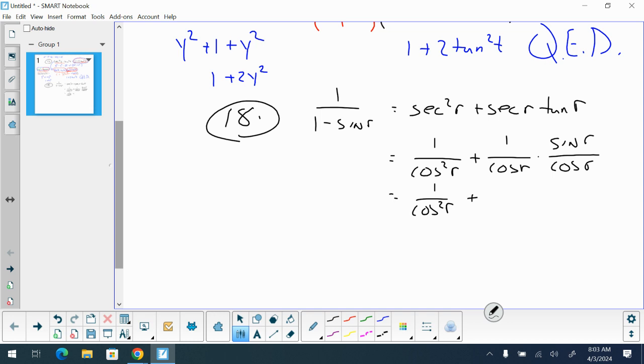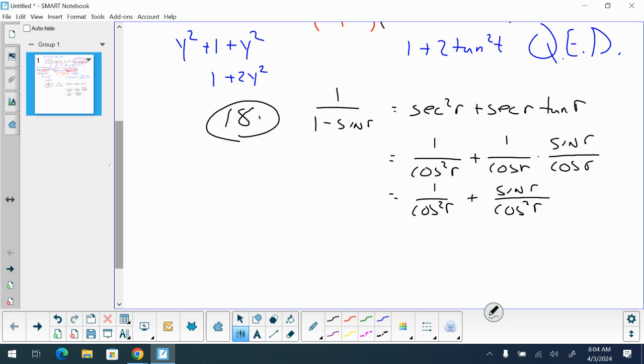So I got 1 times sine of r. Then we have cosine r times cosine r, which gives us what, Chloe? Cosine squared r. So we multiplied. Now we have to add two fractions.